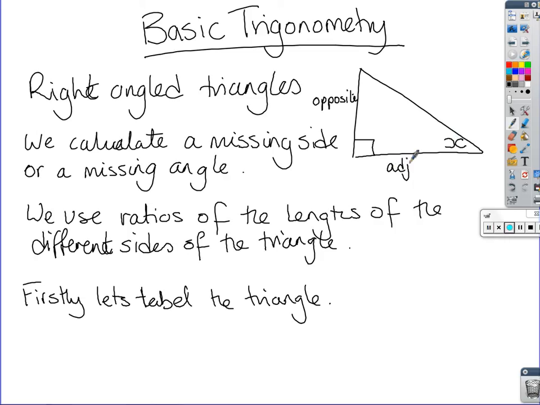This side here would be called the adjacent, because it's next to the angle. And finally, our diagonal is called the hypotenuse. So each time we decide that we're going to do a question involving trigonometry, we need to identify where our angle in question is, and then we label up our triangle with these three sides.